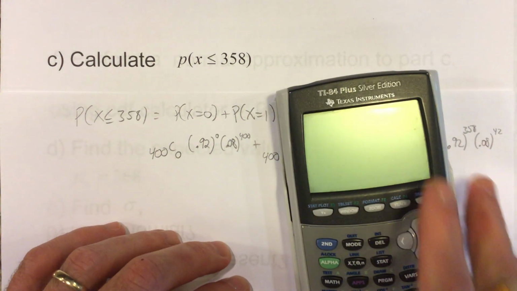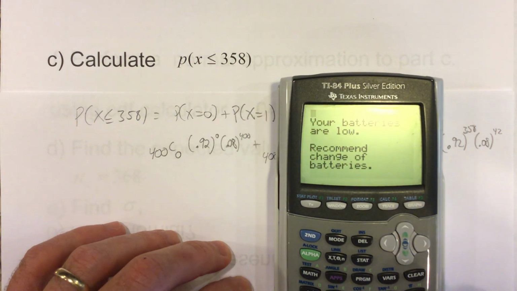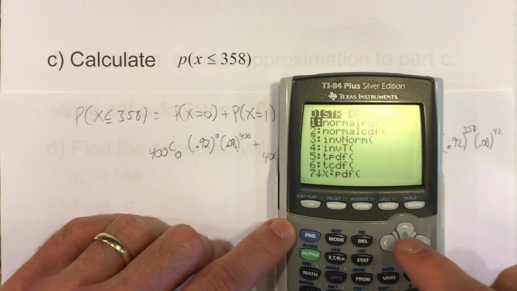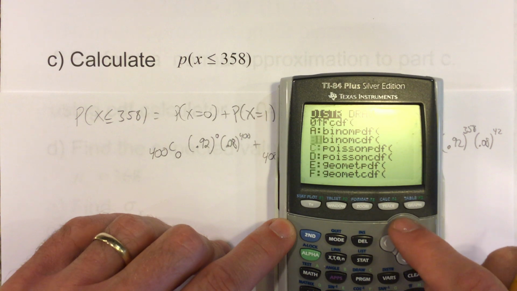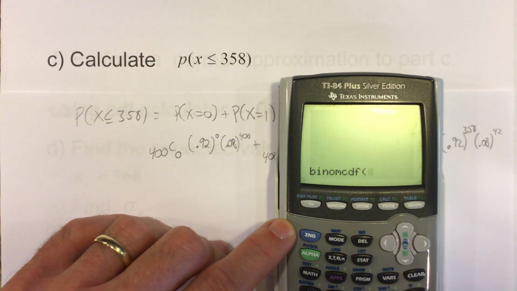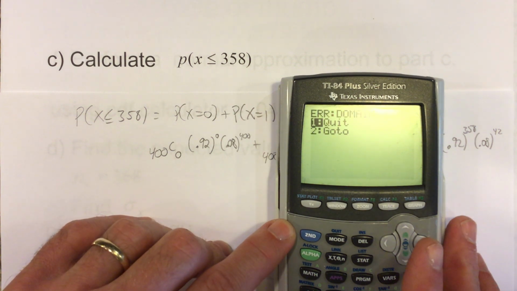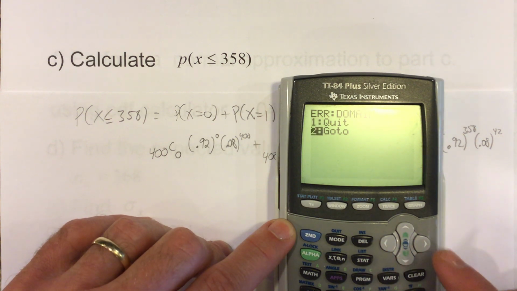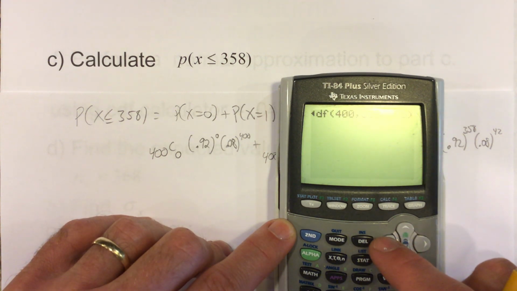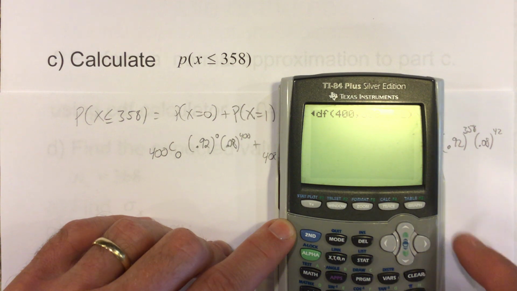Now I will just use the calculator. Distribution menu, binomial cdf, n is 400. x is 358. Chance of success is 92%. Whoops, I put 95. Sorry about that. 92%.